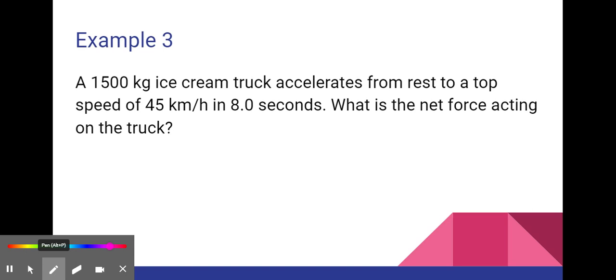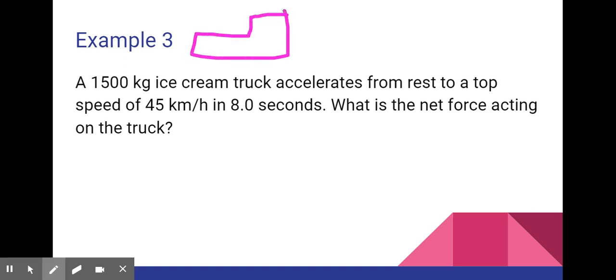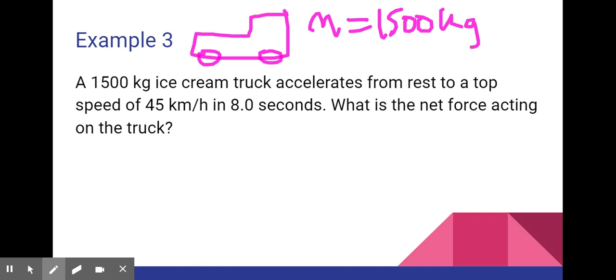We're not going to worry about gravity and the normal force because we're just worried about movement in the X plane. So we've got our truck, and we have a mass. The mass of the truck is equal to 1,500 kilograms, but we don't have an acceleration.